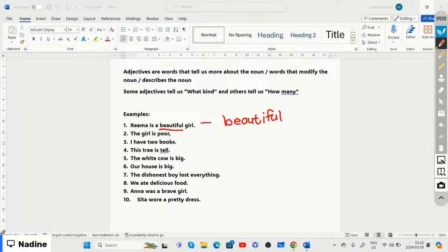Then it says, the girl is poor. So we need to identify a word within that sentence that describes the girl. If we identify the word that tells us what kind of girl it is, it tells us more about the girl because the girl is the noun.